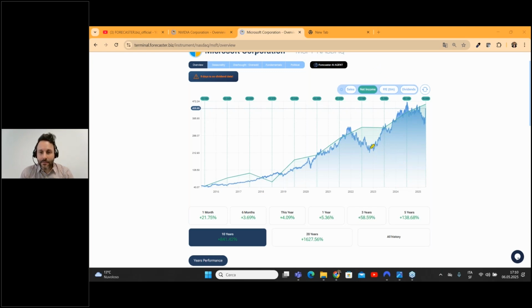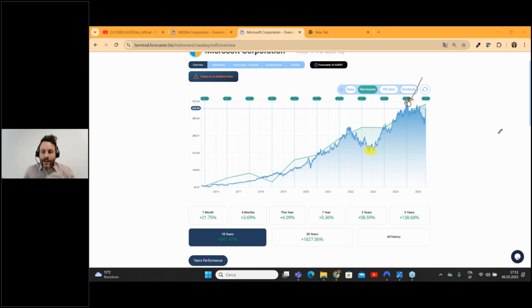But sometimes it happens that prices, due to, let's say, a pessimistic view for the moment, go very far from this line. Okay, the contrary also happens. For example, sometimes investors are too optimistic, and the share price goes far above the net income line.